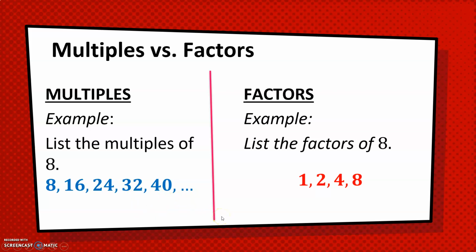On the other hand, the factors of 8 are the numbers that divide into 8. So 1 divides into 8, 2 divides into 8, 4 divides into 8, and 8 divides into 8. So the multiples get bigger, the factors get smaller than the original number.